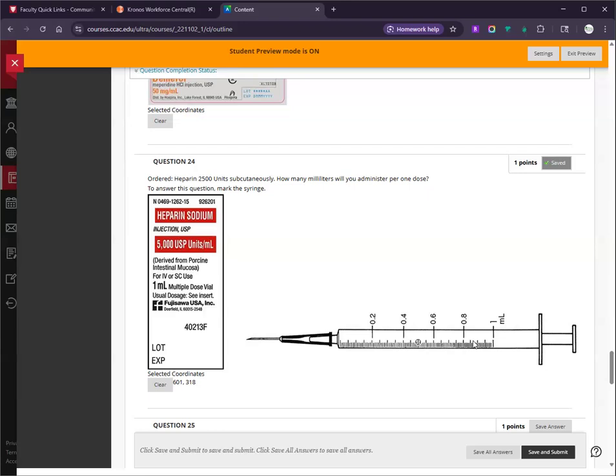Go ahead with your question. What do the numbers on those, like the 601, 318, mean when you select the coordinates? That's just the coordinates of where it's selected on the image.